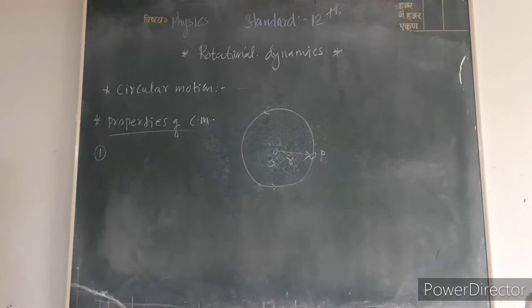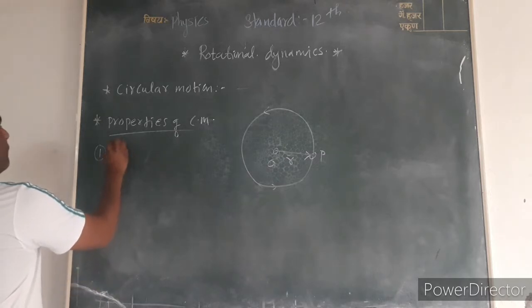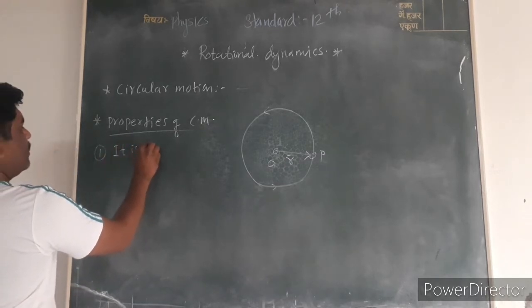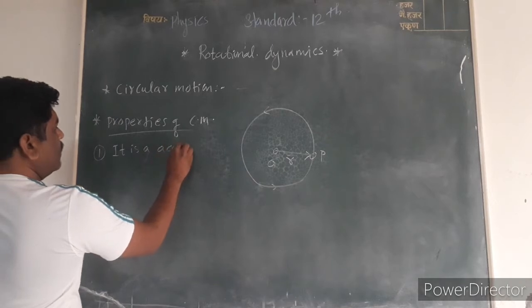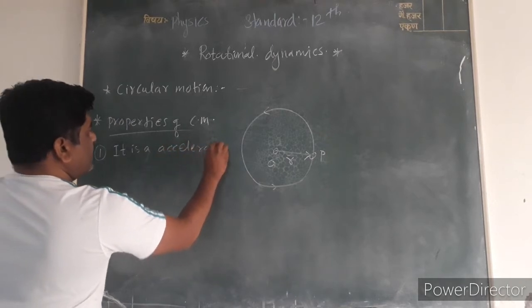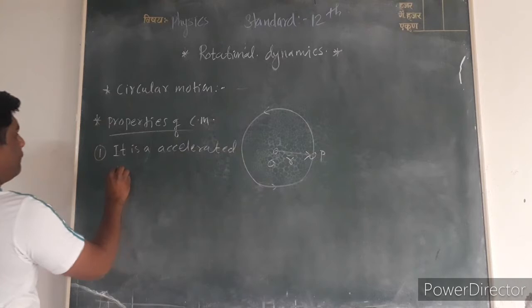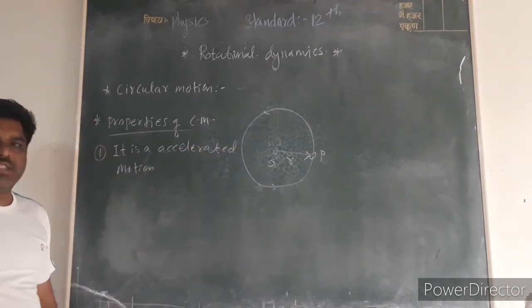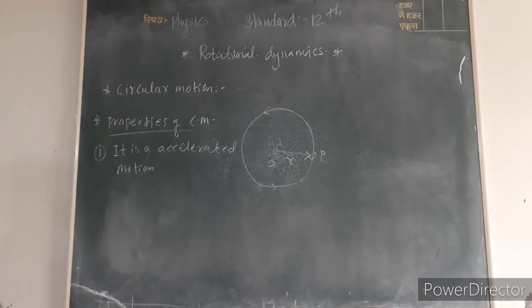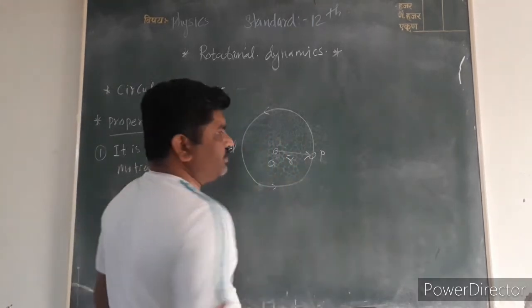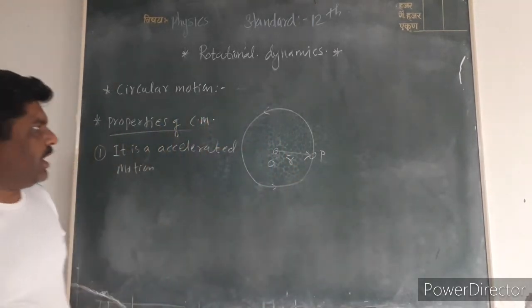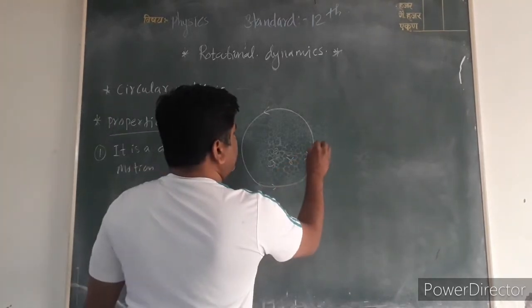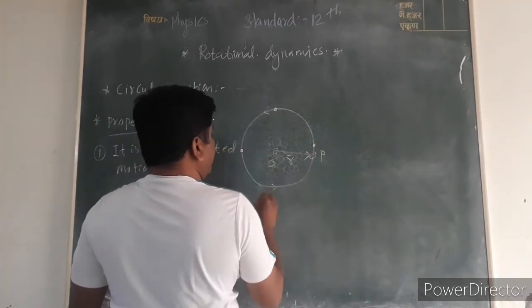The first property is the circular motion is a accelerated motion. Its velocity changes at every instant of time.